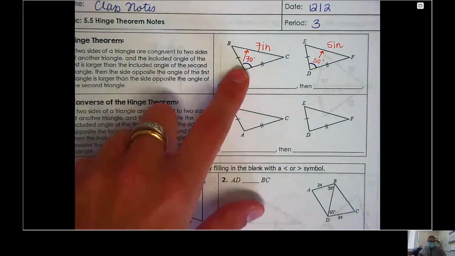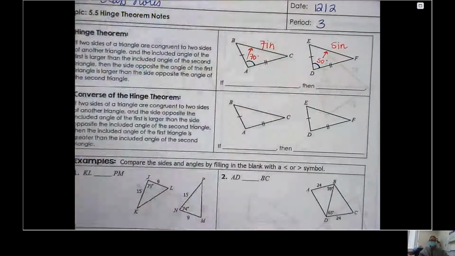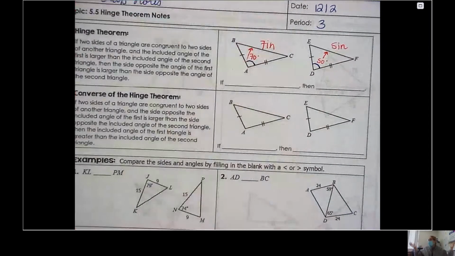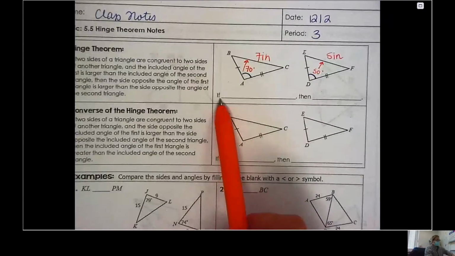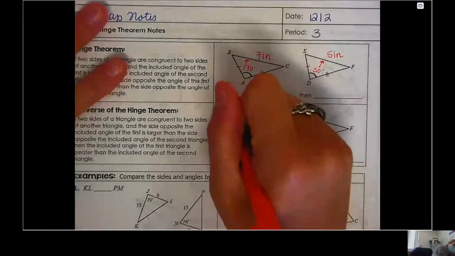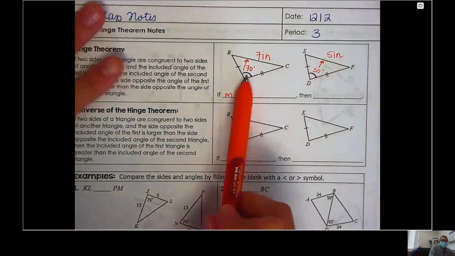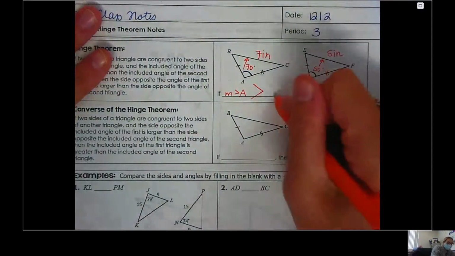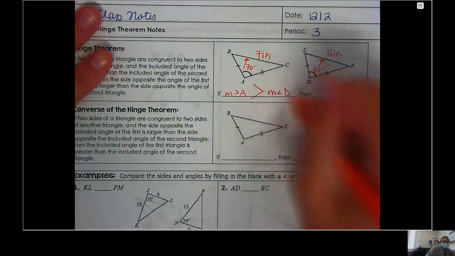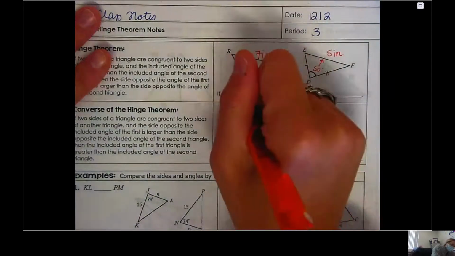Because this number is bigger, this side is bigger than this side. So in general, this is just a bigger triangle. That's all the theorem says. Okay? So if the measure of angle A, so here's angle A, is greater than the measure of angle D, oops, this should be this way, my bad.